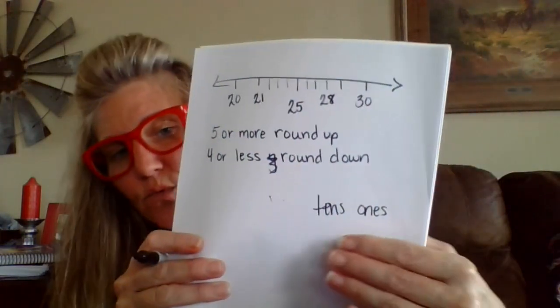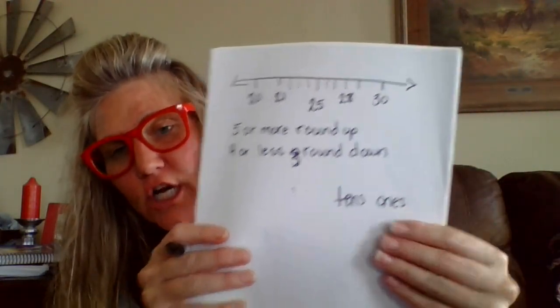We all should know what the ones place is. I have stressed place value all year, okay? The ones place. You have the ones, the tens, okay? So your ones place is your number on the right, the last number on the right. It should be a 0. So let's look at number 1.